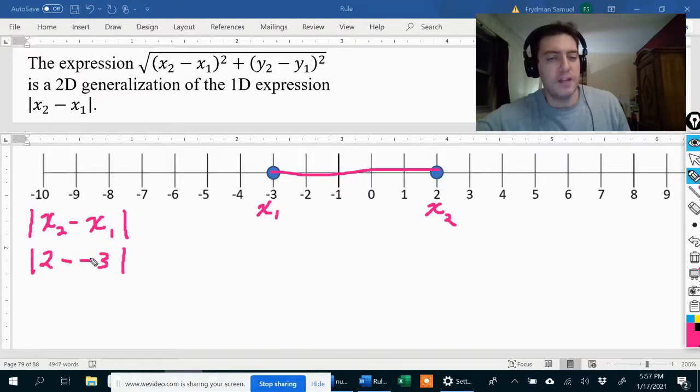So minus negative becomes plus, right? So this is like 2 plus 3, which is 5. So I have the absolute value of 5, and the absolute value of 5 is just 5.